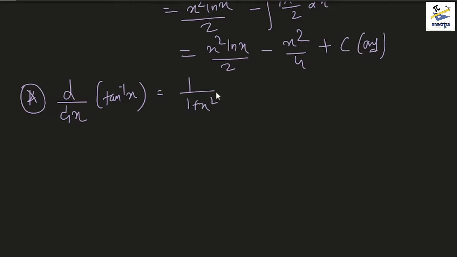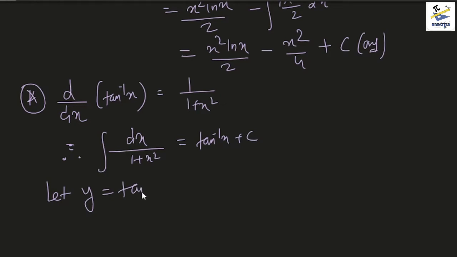We are going to prove it, but first understand that since the derivative of tan inverse x is 1 by 1 plus x square, this also means that integration of 1 by 1 plus x square is equal to tan inverse x plus c. Okay, and how do we prove it? Let y equal tan inverse of x, then what we see is x should be equal to tan of y, right? And what we are trying to find is dy by dx, so let us see how to find that.